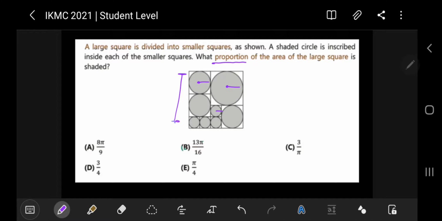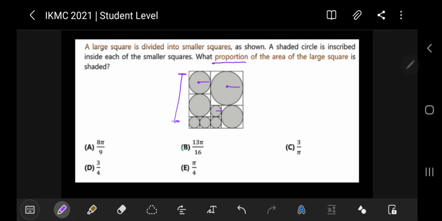So we should be able to understand that eventually we will not need the numerical values of these lengths or dimensions. In the end it will just cancel out, so this is important. Now this leads us to a second important thing, which is that we need to assume lengths.